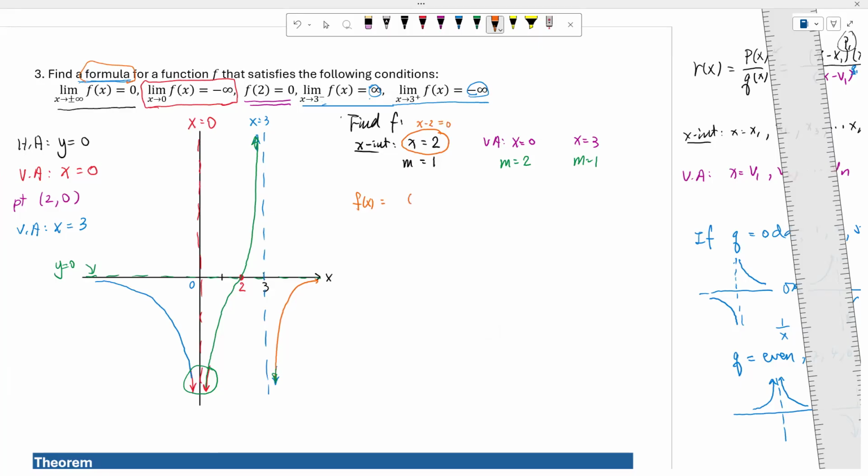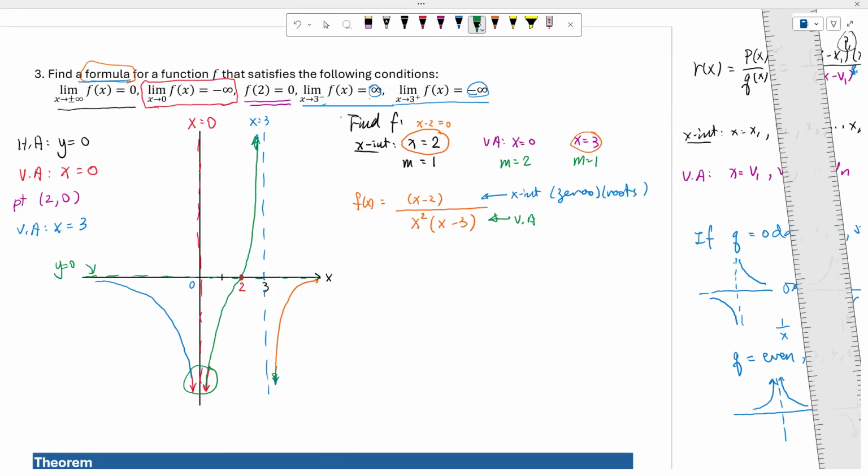So now I will have x minus 2 all over x squared, and then this one will be x minus 3. The denominator relates to vertical asymptotes, and the numerator relates to the x-intercept, or what we call the zeros, or roots.